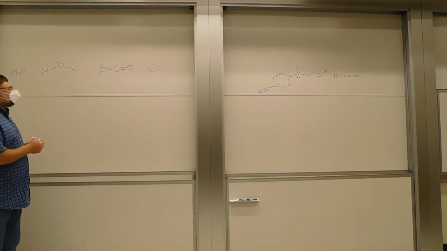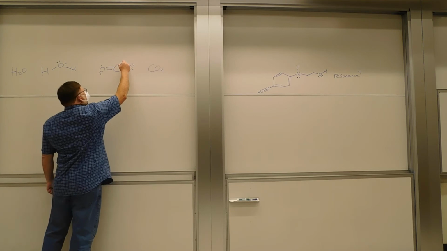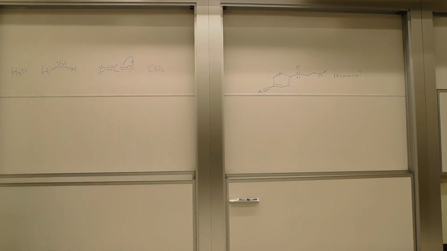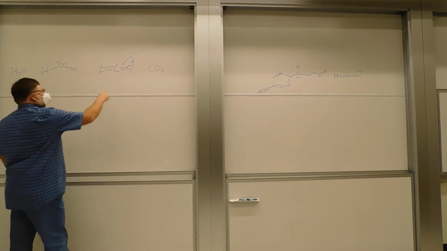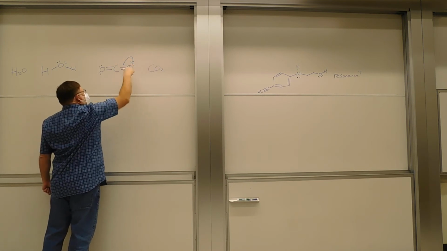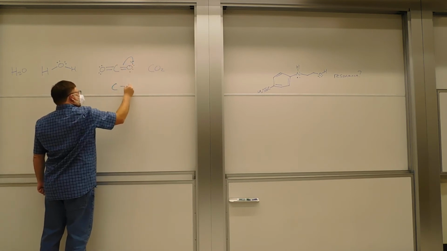So there is a resonance structure for carbon dioxide where I take 2 of the double bonded electrons. The carbon and the oxygen have a double bond, sharing 4 electrons. If I take 2 of those and put them on the oxygen, I'm going to get this structure. This curved arrow means 2 electrons go from the shared electrons to a lone pair.